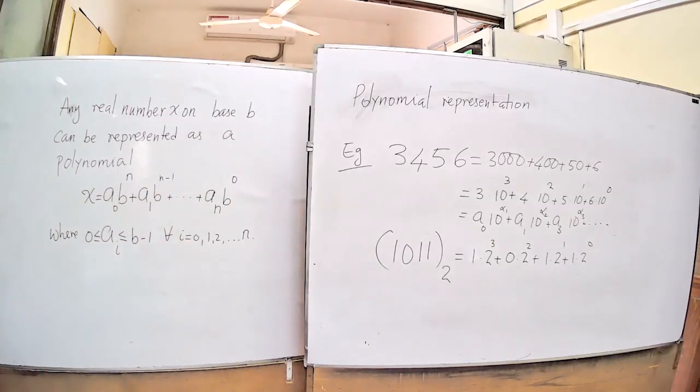Any number on a given base B can be represented as a polynomial.